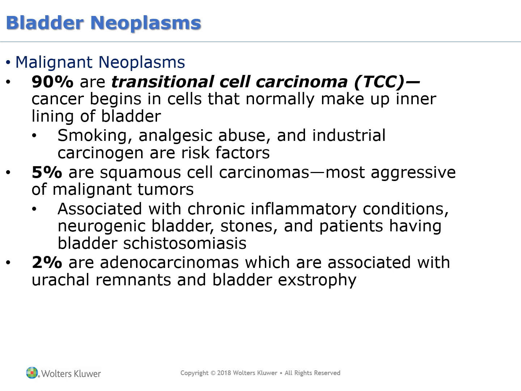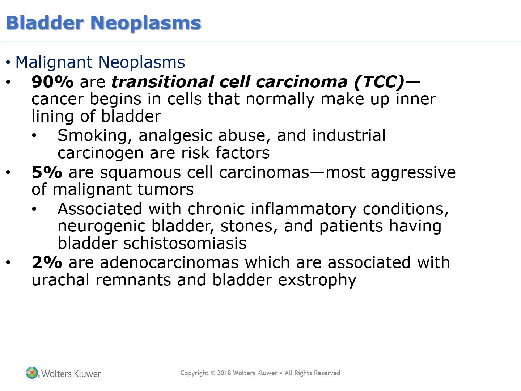Now remember, this is the malignant counterpart to the papilloma. So with this, the cancer begins as cells that normally make up the inner lining of the bladder. And anytime you add irritation to those cells, you're going to be at higher risk of triggering them to become undifferentiated.